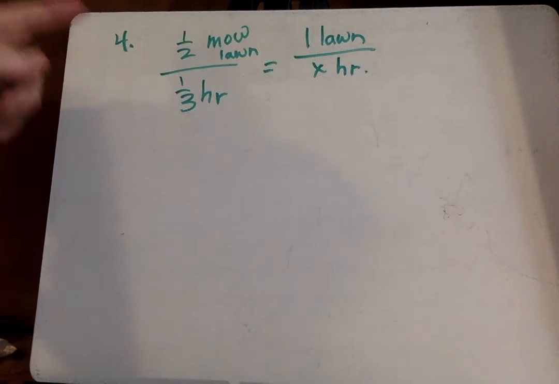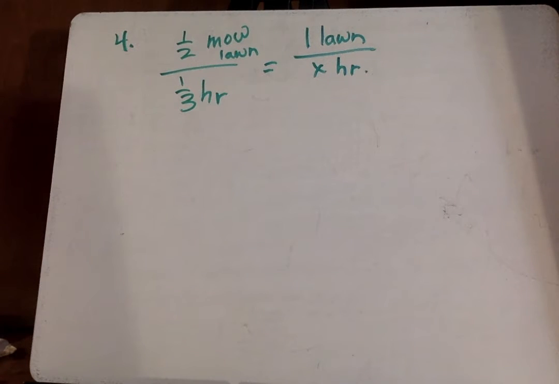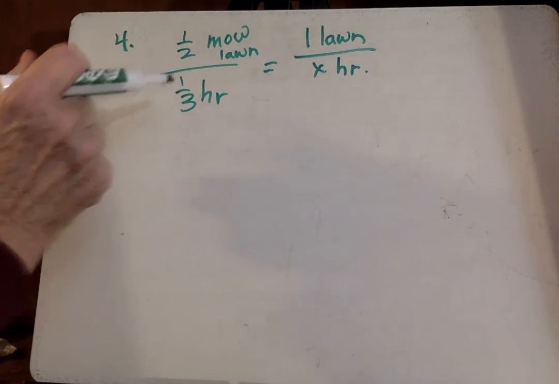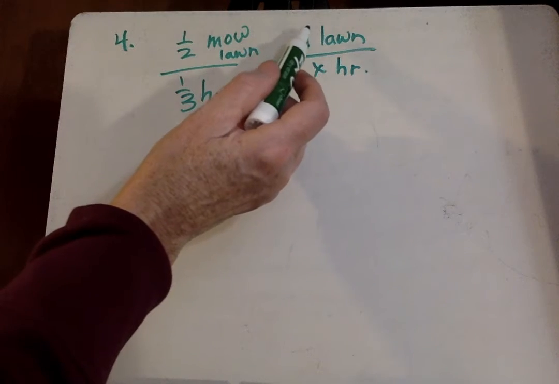Okay, so I went ahead and wrote it out. Again, Bryce can mow half the lawn in 1/3 of an hour. So half of it is mowed in 1/3 of an hour. How long will it take him to mow the whole lawn?